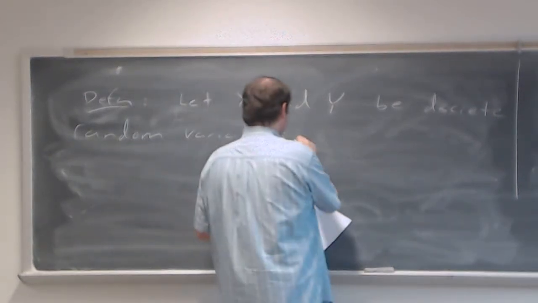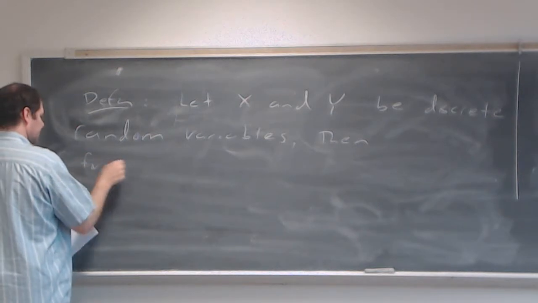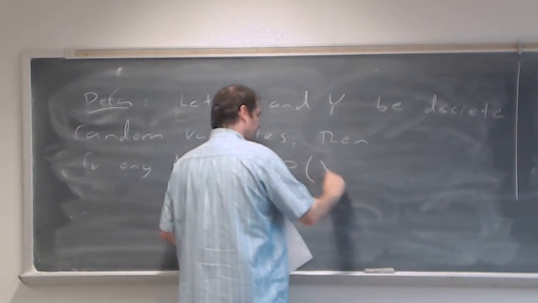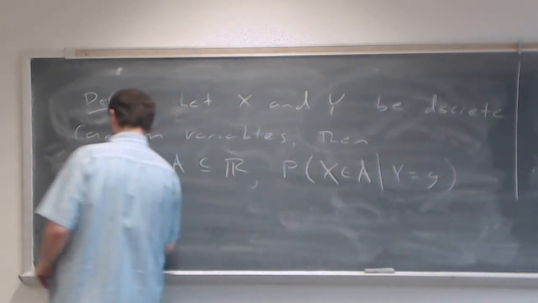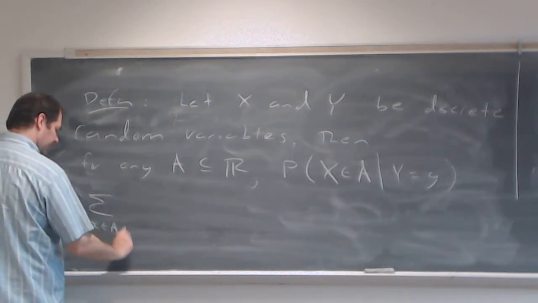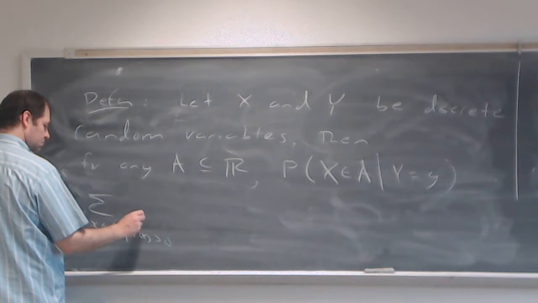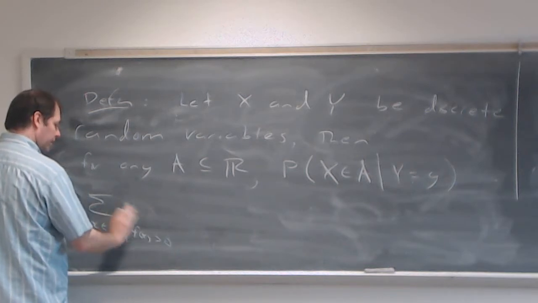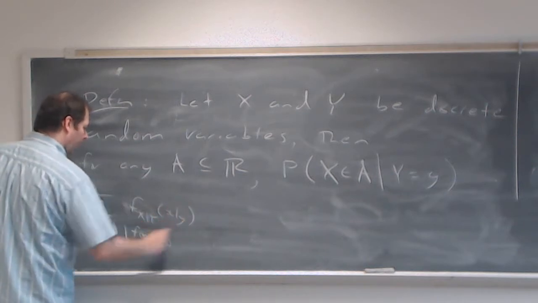Then for any A that is a subset of R, the probability that X is an element of A, given Y equal to y, ends up being the sum over all x values in A, such that f of x is greater than 0, of f of x given y of x given y.